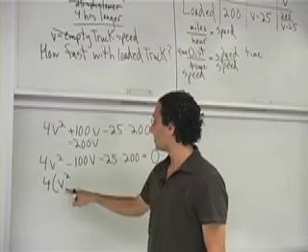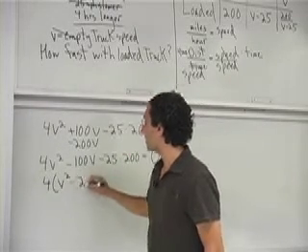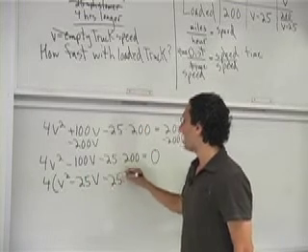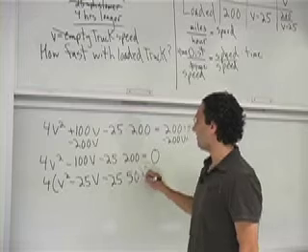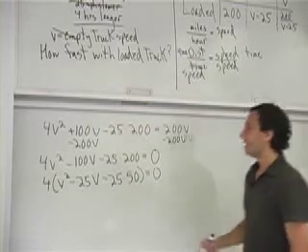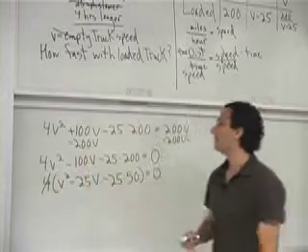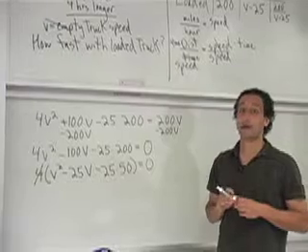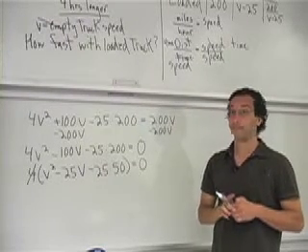So I get 4 times V squared minus 25V minus 25 times 50, again factoring out the 4, equals 0. And I'm now left with this guy. V squared minus 25V minus 25 times 50.